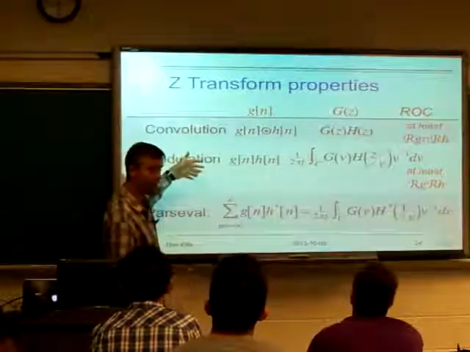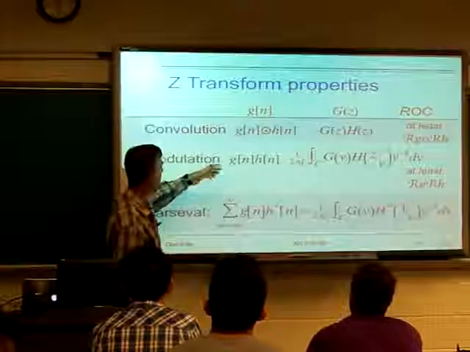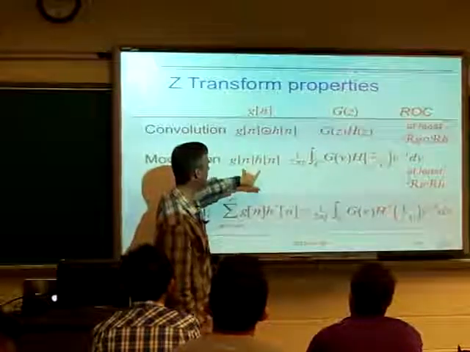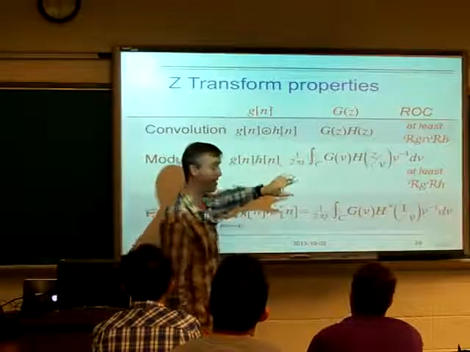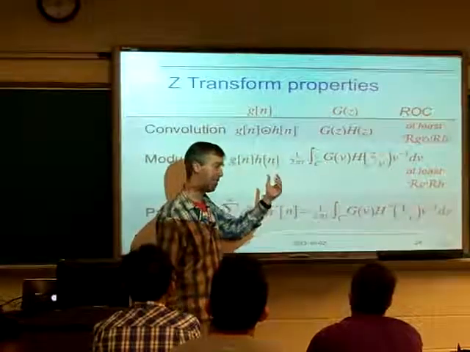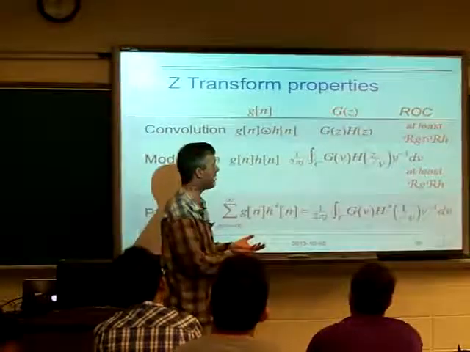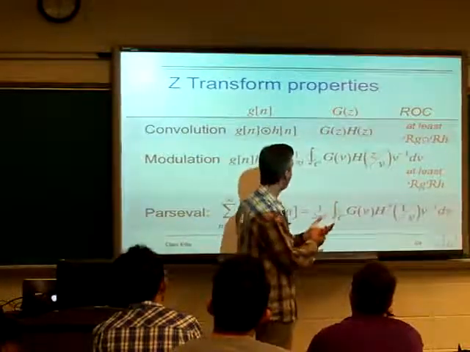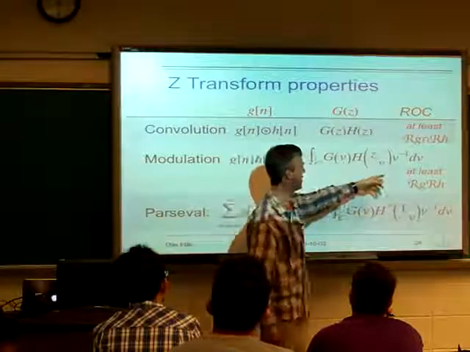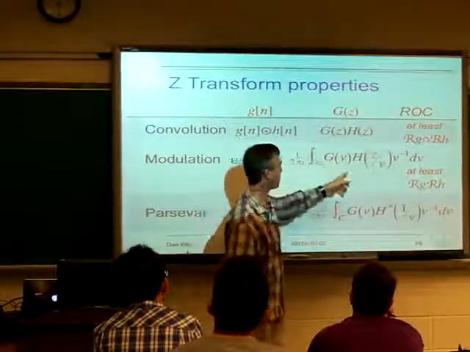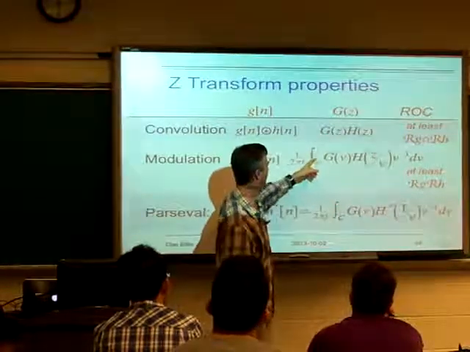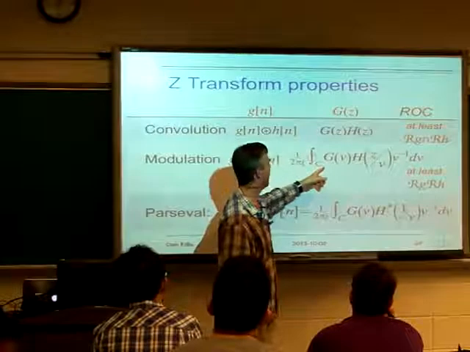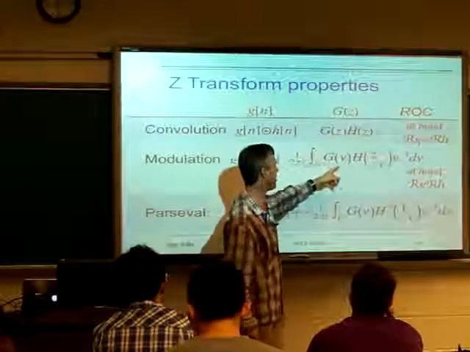The dual of convolution was modulation, where instead of convolving in the time domain, we multiply in the time domain. In the DTFT, that was kind of nice because it just looked like convolution on the frequency variable. Of course, in the Z domain, there isn't a frequency variable. This is actually the same thing, but now it's a contour integral for a closed contour in Z space.